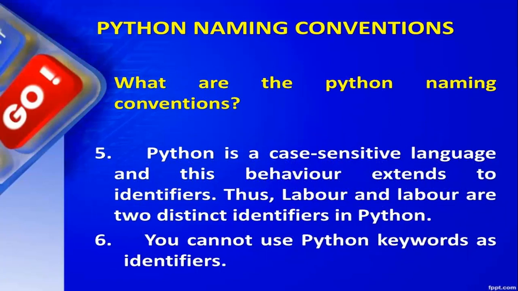Two more. The last one you already know, so I will not even read it. Next rule is Python is a case sensitive language. Case sensitive means uppercase and lowercase, capitals and small. It is very particular, you can say. It has an OCD with the case. And this behavior also extends to identifiers. So labor with the capital L and labor with the small l will not be considered the same.